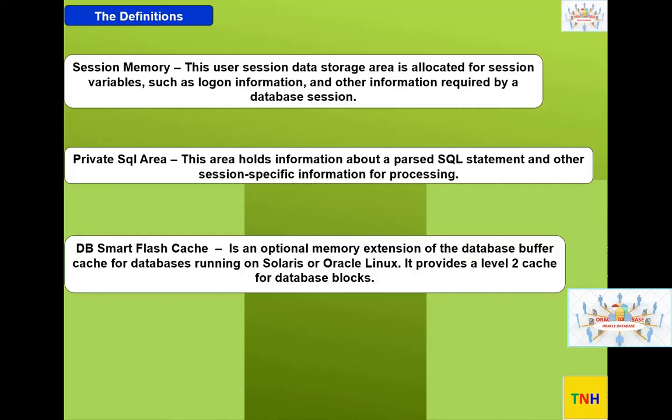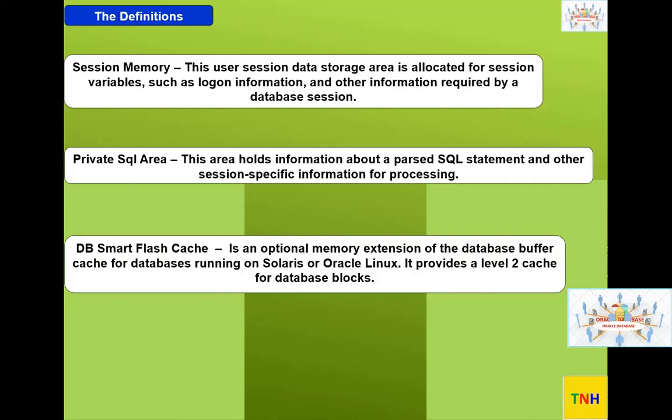But if SGA is running out of space, Oracle gives another feature called DB Smart Flash Cache. In Exadata boxes, we have separate flash memory, but even in normal computers with SSD disks, SSDs are fast, speed is high. Therefore, you can get the benefit of DB smart flash cache.